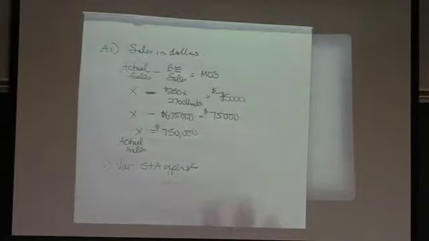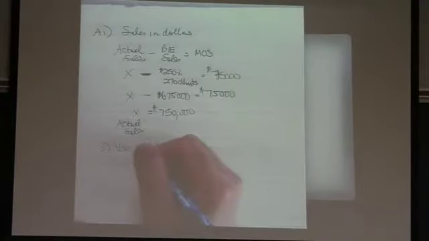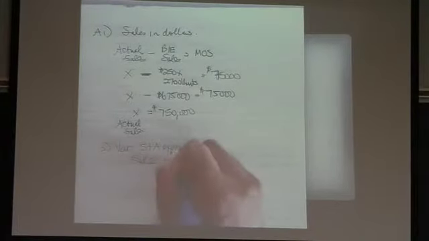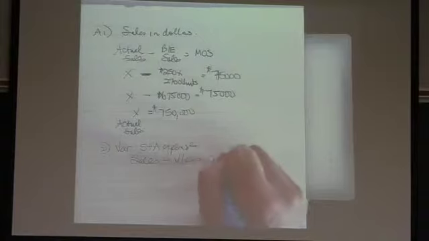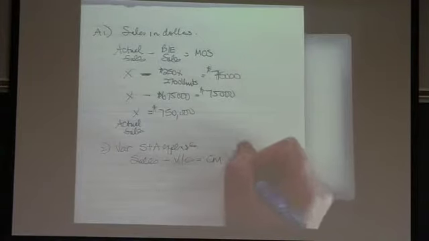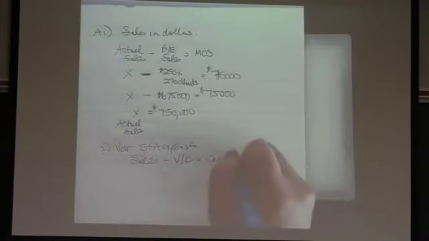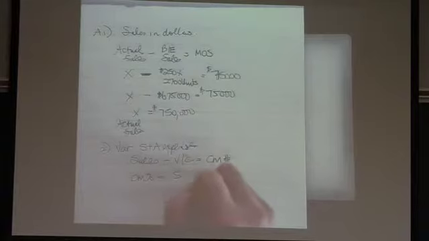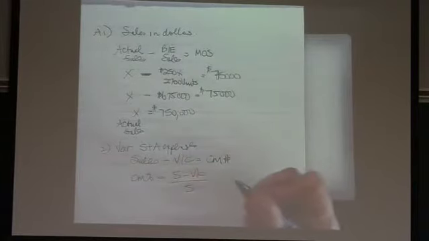So let's take a look at this. We know that contribution margin percentage was given to us. So we've got sales less variable cost gives me contribution margin. Contribution margin percentage is sales minus variable cost divided by sales.